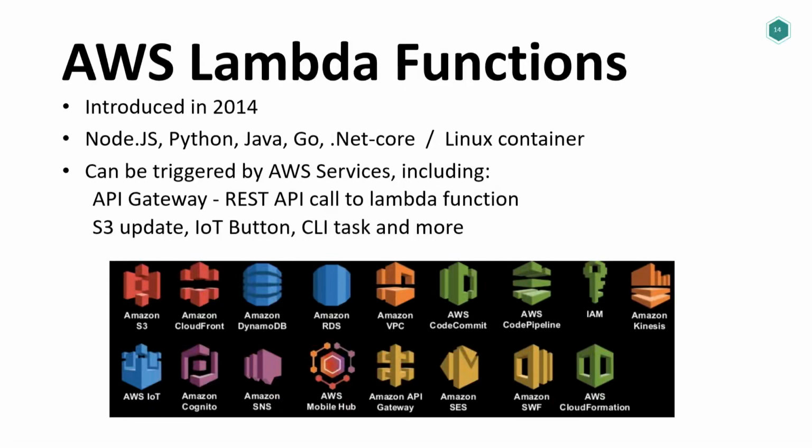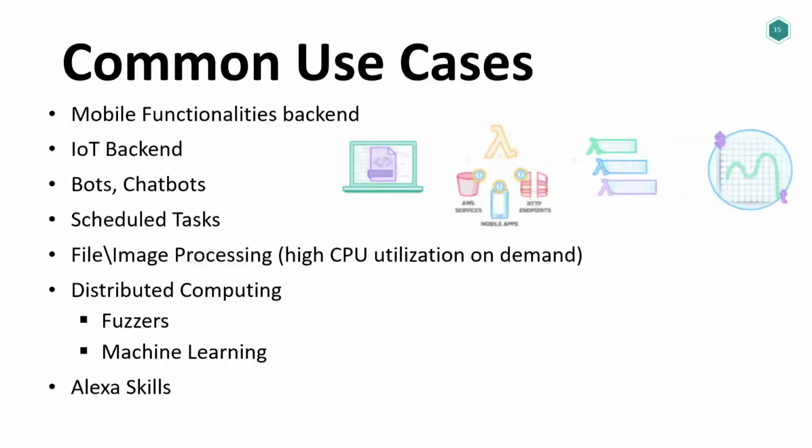The Lambda function can be triggered explicitly by an API, just an API that calls the Lambda function and runs it, and also by using any other service by Amazon. It can be, as noted here, an S3 update or IoT button, or AWS CodeCommit or CLI task, or whatever is needed. You can use it as a trigger, which is extremely comfortable.